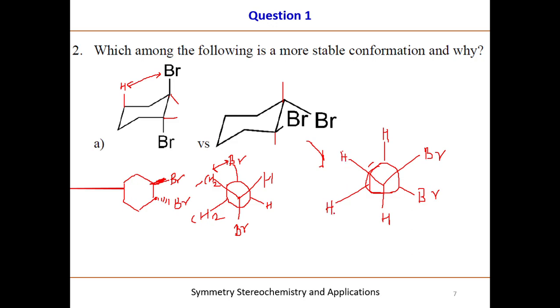That's why it will have high energy compared to the first one, because here the bromines are apart from each other by a 180 degree dihedral angle, but in this case they are apart by a 60 degree dihedral angle. So that's why this conformation will be more stable compared to the first one.